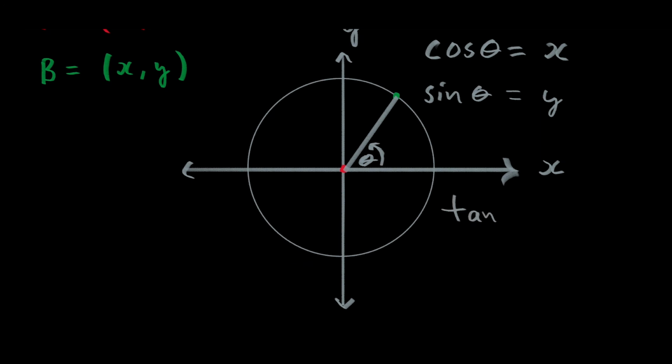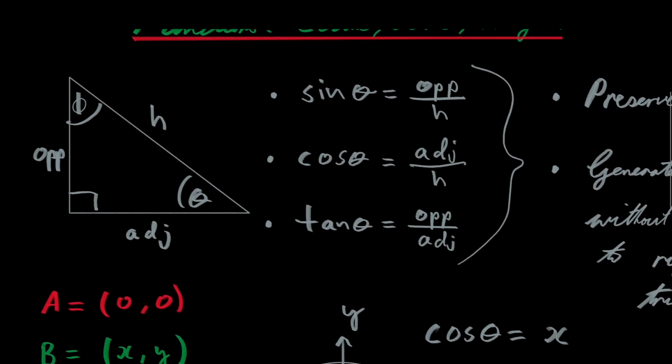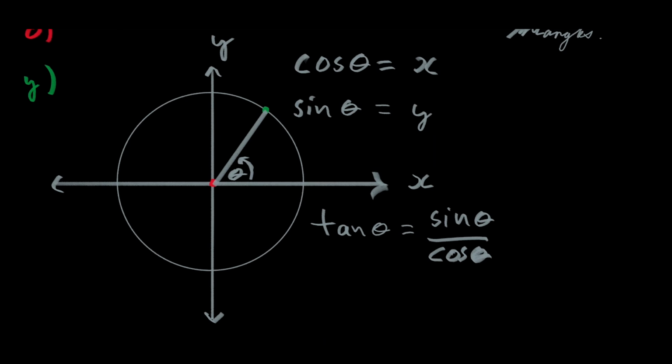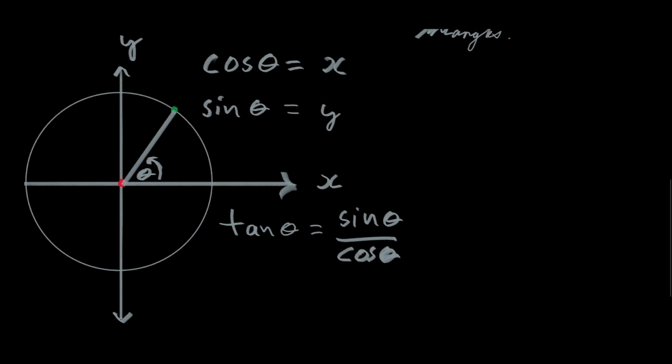Tan of theta is just going to equal the quotient sine theta divided by the cosine of theta. You can see that that respects the fact that we uncovered about tan of theta up here with those right angle triangle centric definitions of sine, cos, and tan. We know that the sine of theta is just y and the cosine of theta is just x, so this really comes down to saying y over x.